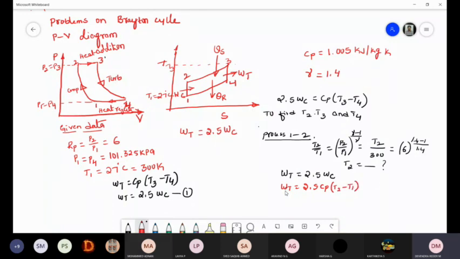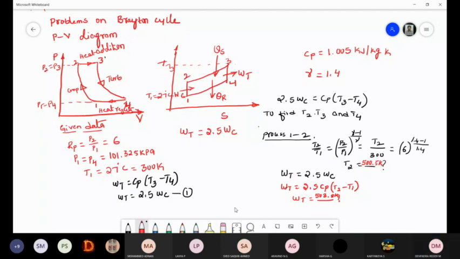We can find out the turbine work now because we know the Cp value, the T2 value and the T1 value. How much does it come to? 503.8, yes, correct. And what was the T2 value that came earlier? 500.5 Kelvin. This one is 503.8. Is it visible?